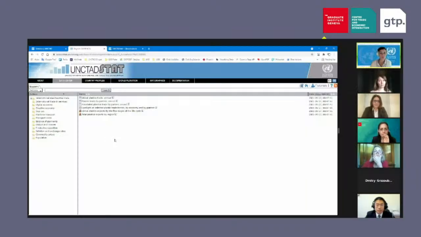So the plastic data sets here are not publicly available yet. We hope we can release them very soon. We have only to finalize a few things before the official public release, but it will be very, very soon. What I want to show is how to navigate and use the database here.